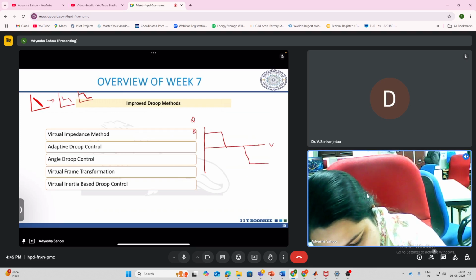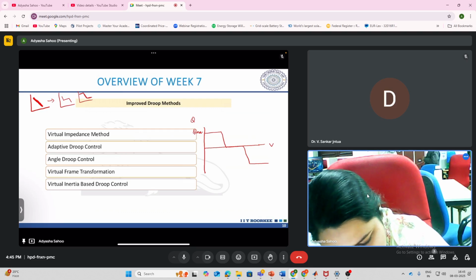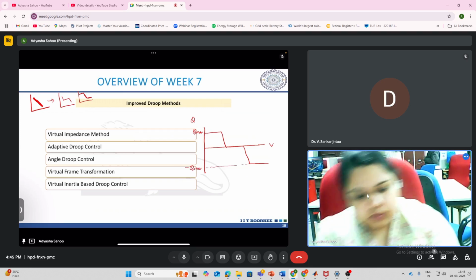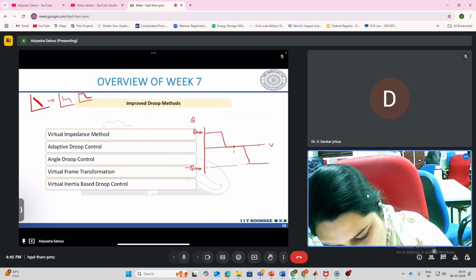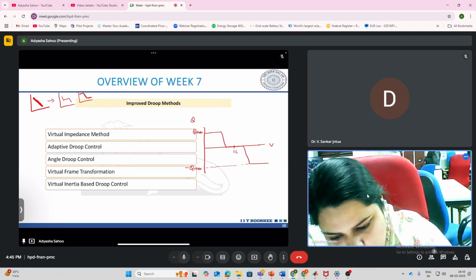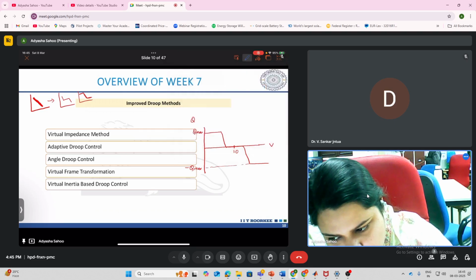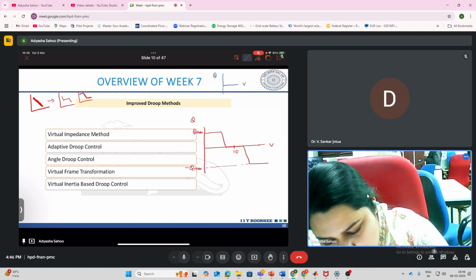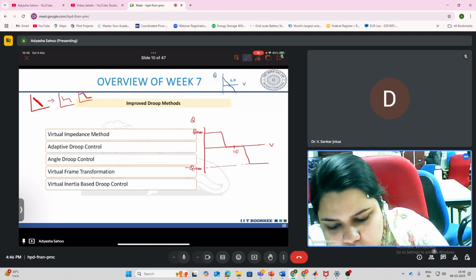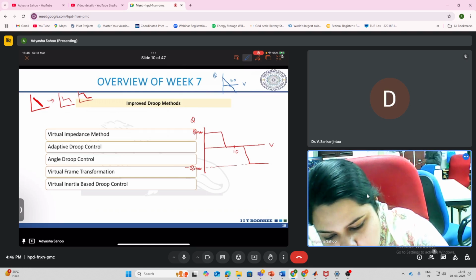So this is the Q max, and this is minus Q max. And let's say this is 1 per unit. So what we want is, instead of the earlier voltage-Q curve, if you see, this was 1.